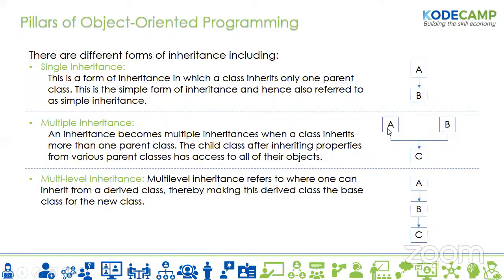So here we have a class that has a function, and another class that has its own methods and properties. This child class is going to take the properties available in A as part of its own. It's also going to take the properties available in B as part of its own.